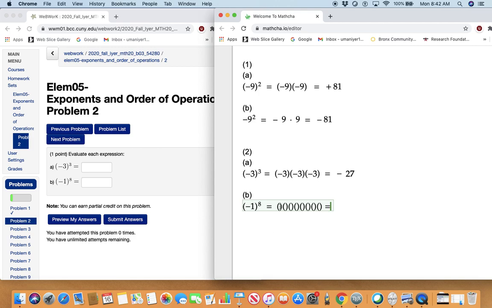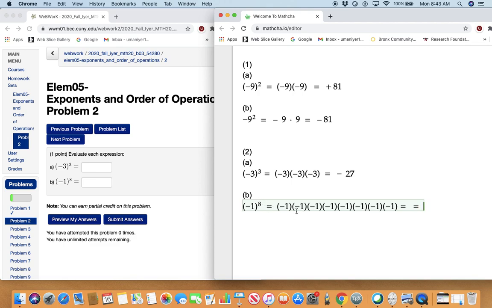Within each, you're going to have a negative 1. So notice how many negatives? Well, there were 8 parentheses, so there are 8 negatives.